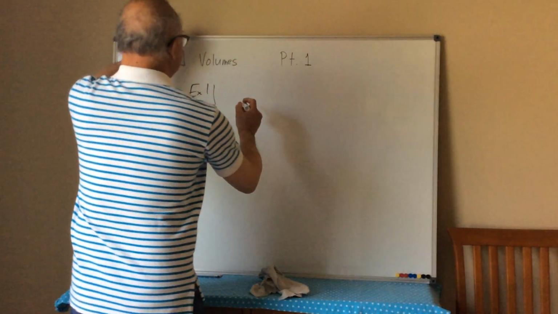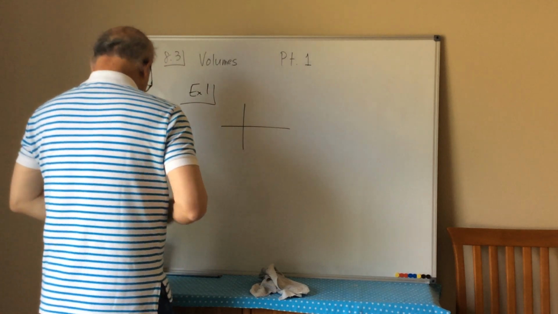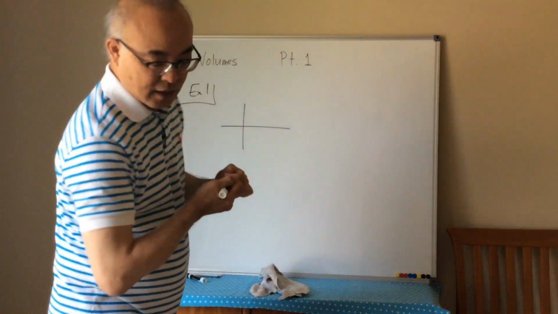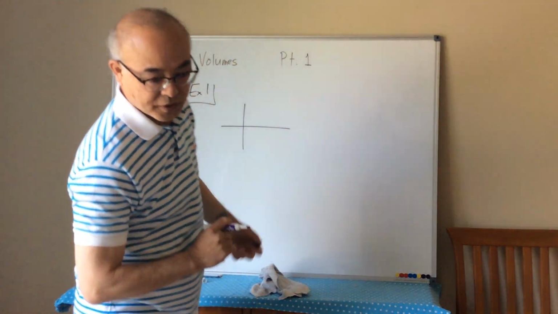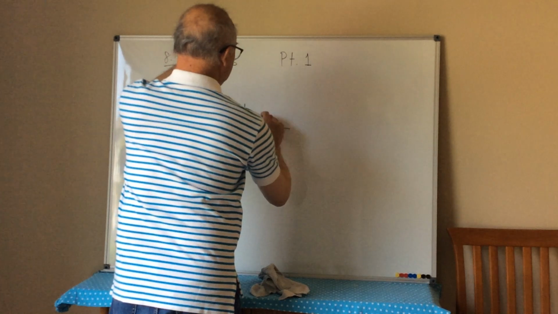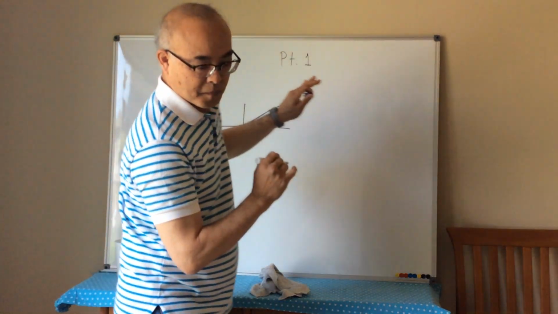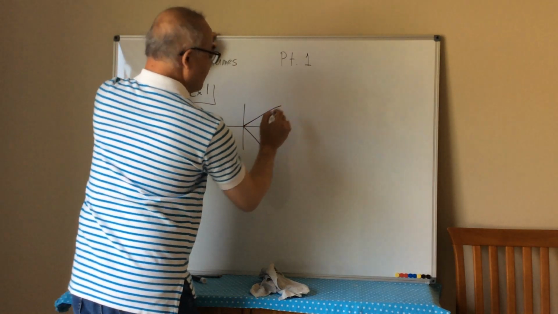I'm going from here to here, and I'm going to have a pyramid that is, how do I draw this? I don't even know how to draw this in 3D.